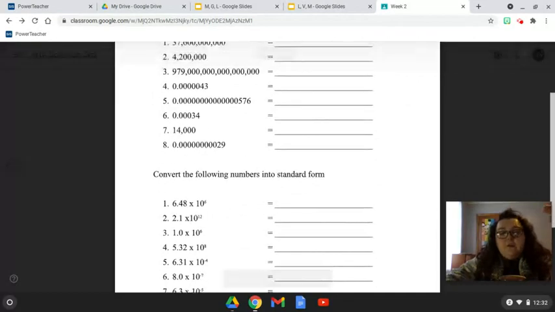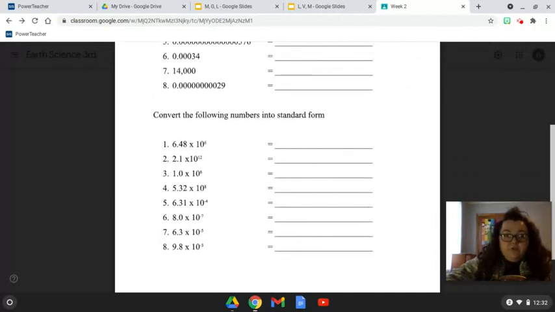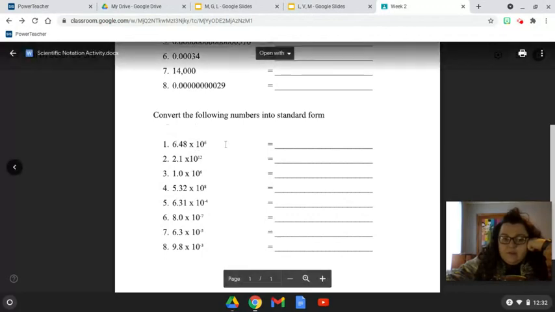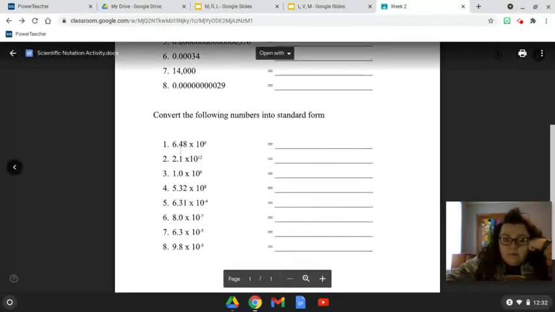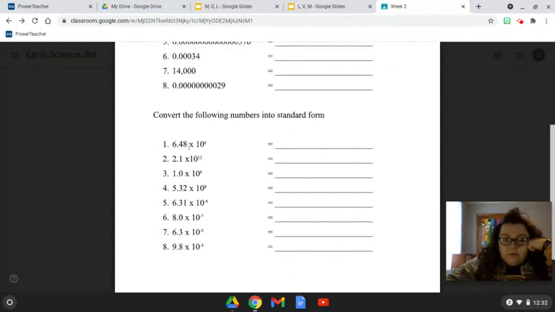But what if we want to go from scientific notation to a large number? We're going to kind of do the opposite. We know that these 3 numbers have to be included, and we know that we need to move the decimal this many places. To go from this to a big number, we're going to move to the right because it has a positive exponent. So we're going to put 6, 4, 8, and then we'll go 1, 2.